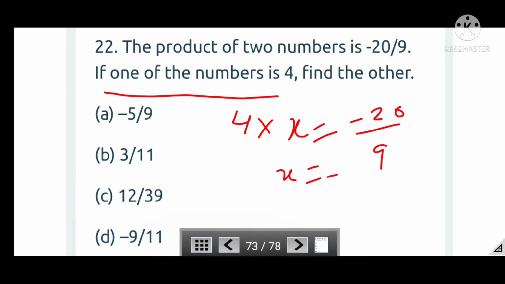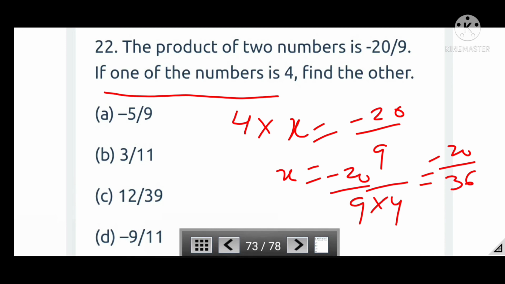So x is equal to minus 20 by 9 divided by 4, that is minus 20 by 36. Now convert it into simplest form. Dividing by 4, minus 20 by 36 is equal to minus 5 by 9. So A is the right option.